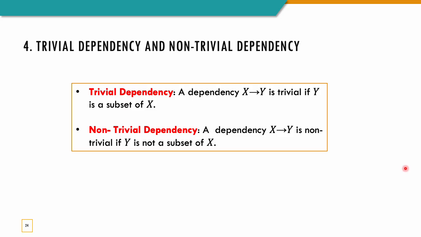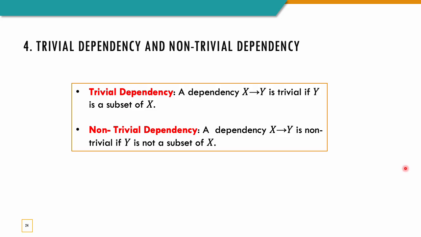For example, if we have a set of attributes A and B, the dependency of A and B to A is trivial because A is already part of A and B. So it's not new information.